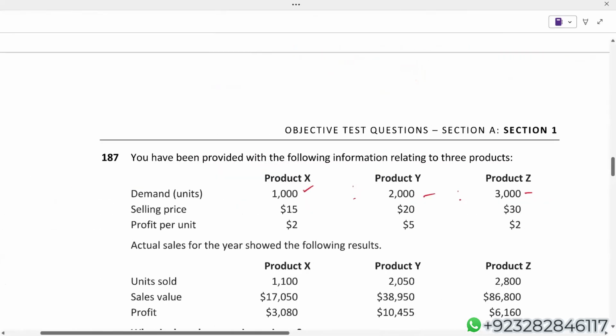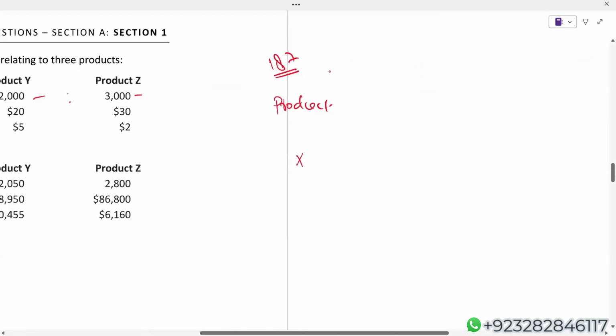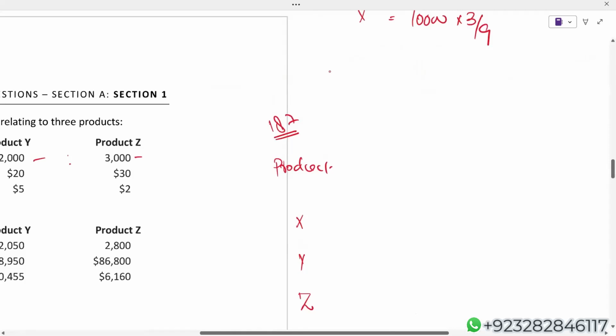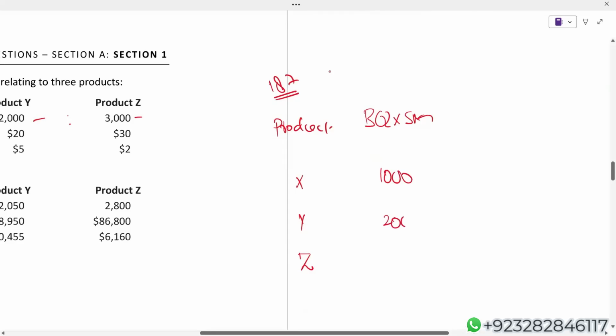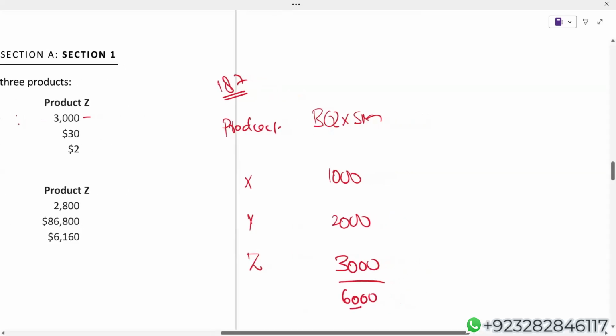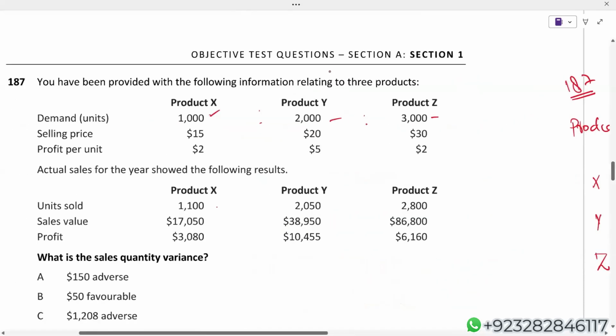For products X, Y and Z, budgeted quantity into standard mix is 1,000, 2,000 and 3,000. Then we'll take actual quantity into standard mix. Actual quantity is here 1,100, 2,050, 2,800.